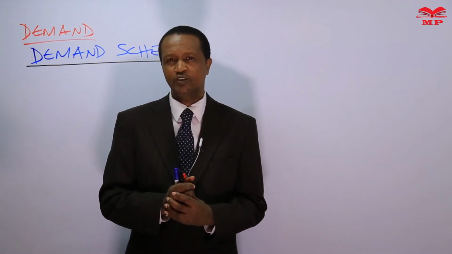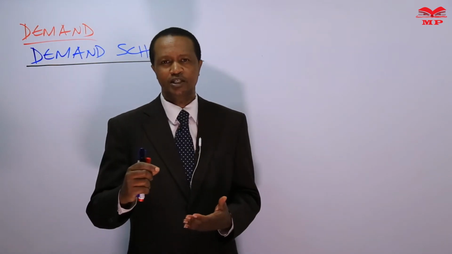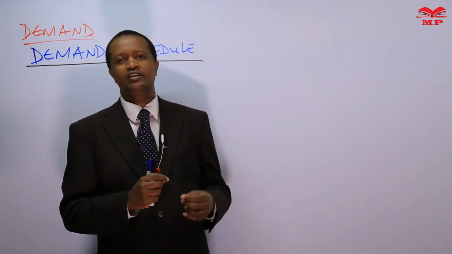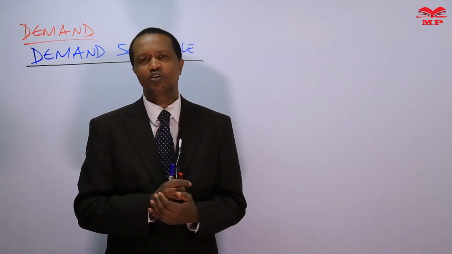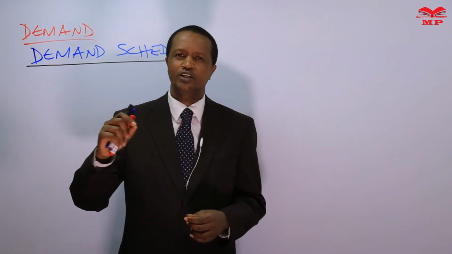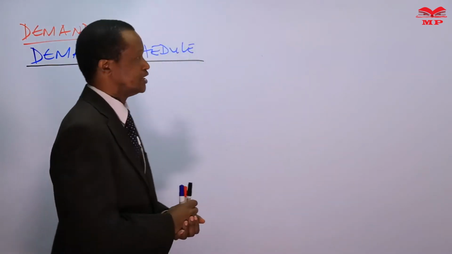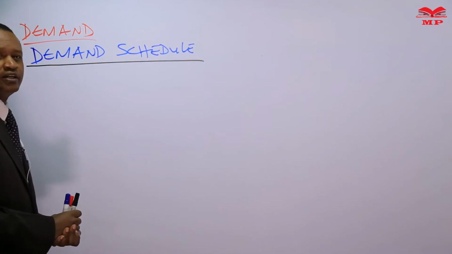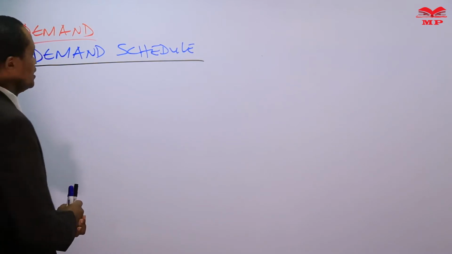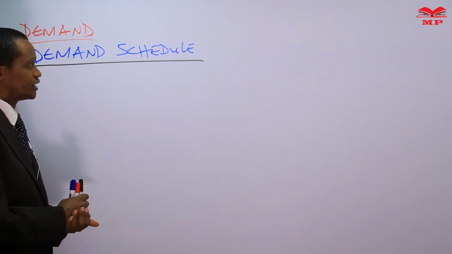So remember, when you are discussing the law of demand, we say that the higher the price of a commodity, the lower the demand of that commodity, and the lower the price of a commodity, the higher the quantity of that commodity will be demanded. So a demand schedule is a table showing the quantities of a product that are demanded at different levels of price.